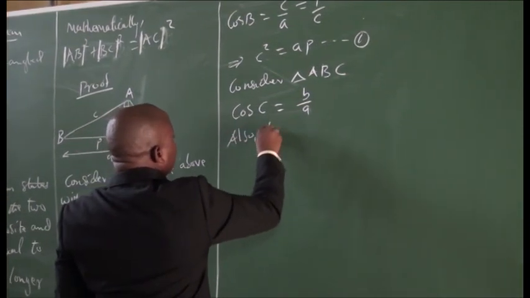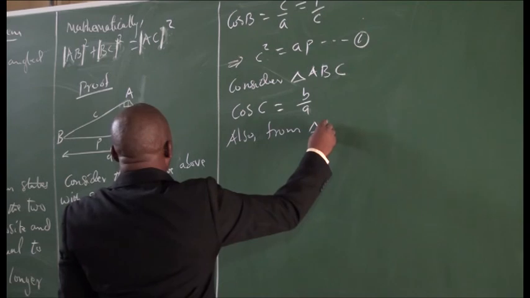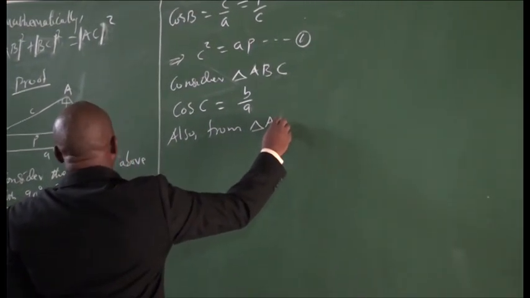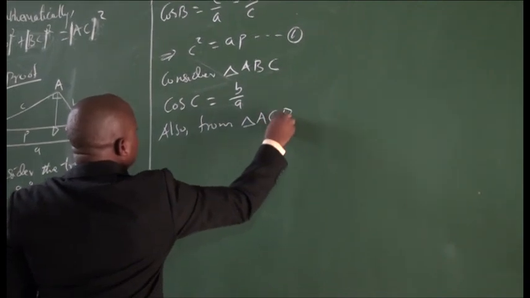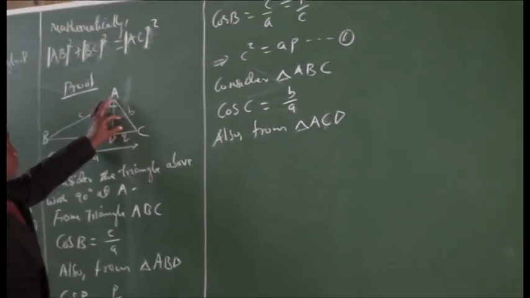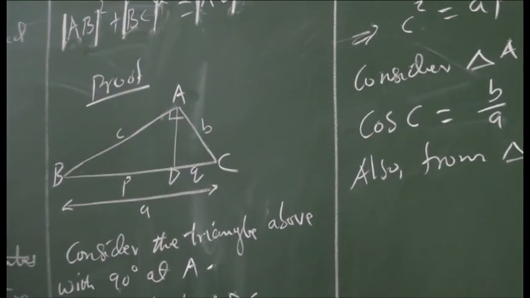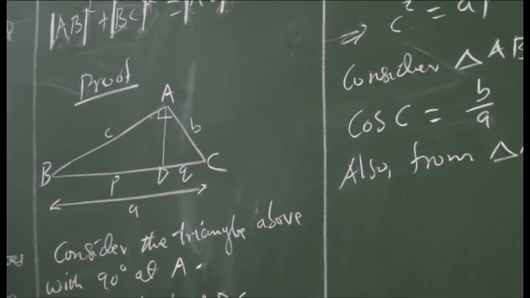Also, from triangle ACD, that is this particular triangle, cos C will be what?